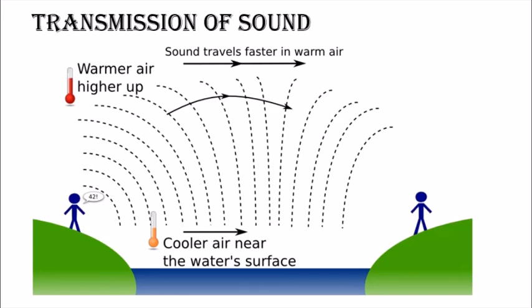Now, the next thing possible because of air is the transmission of sound. We all know that air has density. In winters, the density of the air increases, and in the warmer season, the density of the air decreases. So when the density is high, you are able to hear a distant object more clearly.